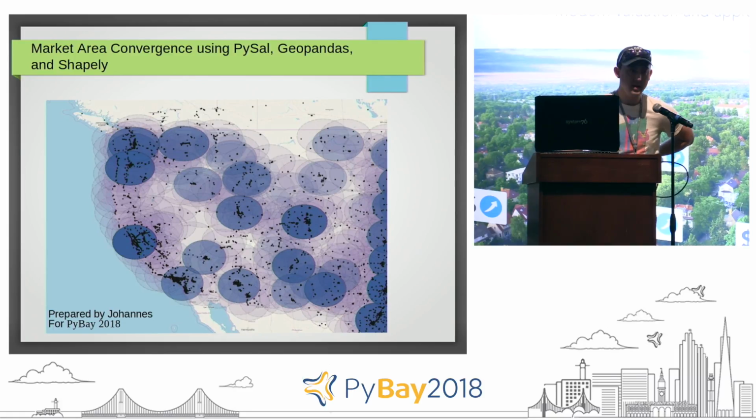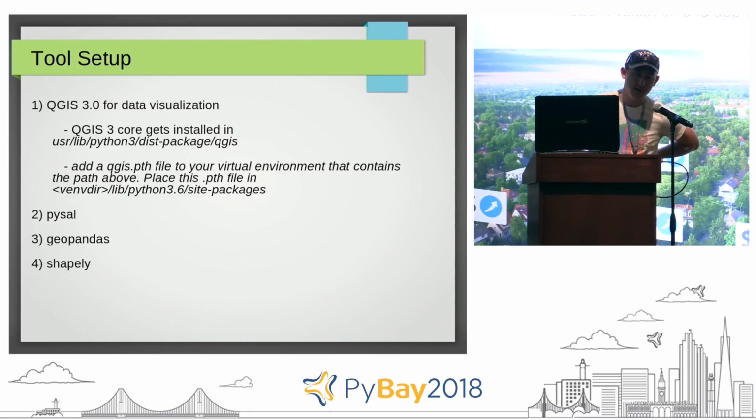And then I'm going to use PySAL, the Python spatial analysis toolkit, which computes inverse distance weight matrices, which are used for spatial autoregression or hotspot analysis. If you're interested in creating a completely open source spatial analysis toolkit, you don't have to go and buy software from Esri.